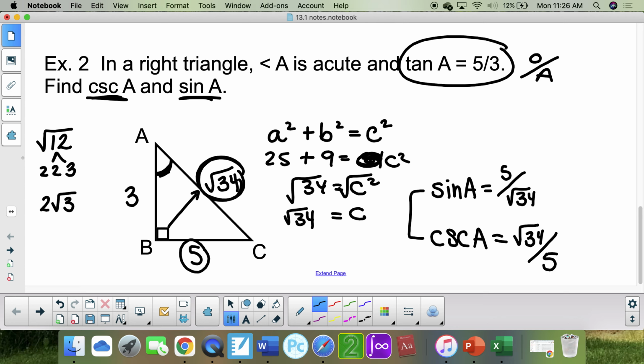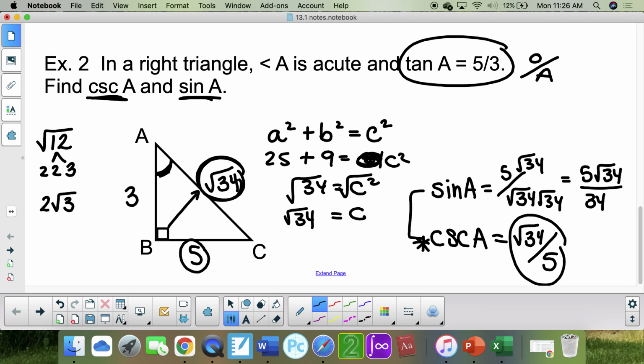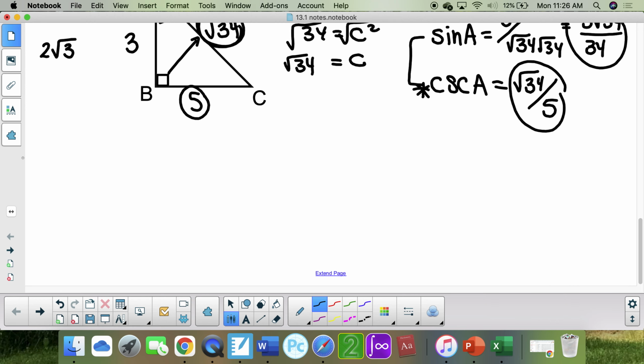That one's done. But there's a rule in math that says you cannot leave a radical in the denominator. So this one you have to multiply the top and the bottom by the square root of 34. 5 root 34 on the top, all over 34 on the bottom. Final answer. So if you have a radical, you have to do 2 things with the radical.